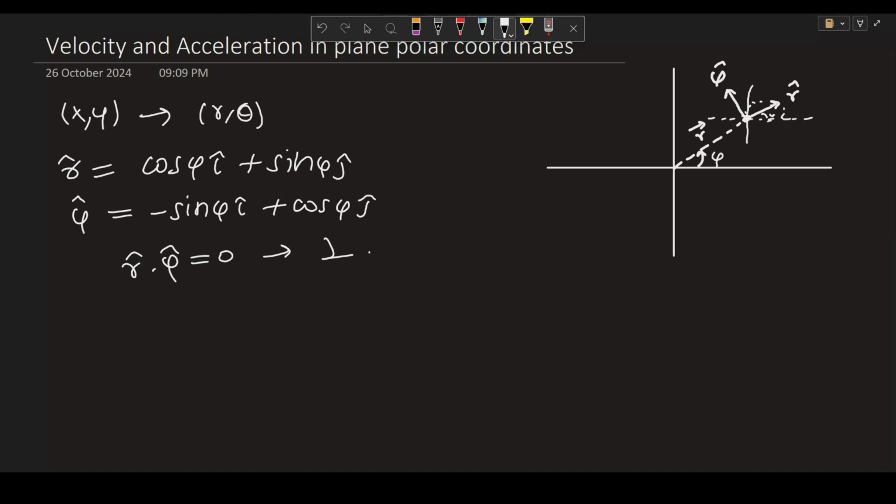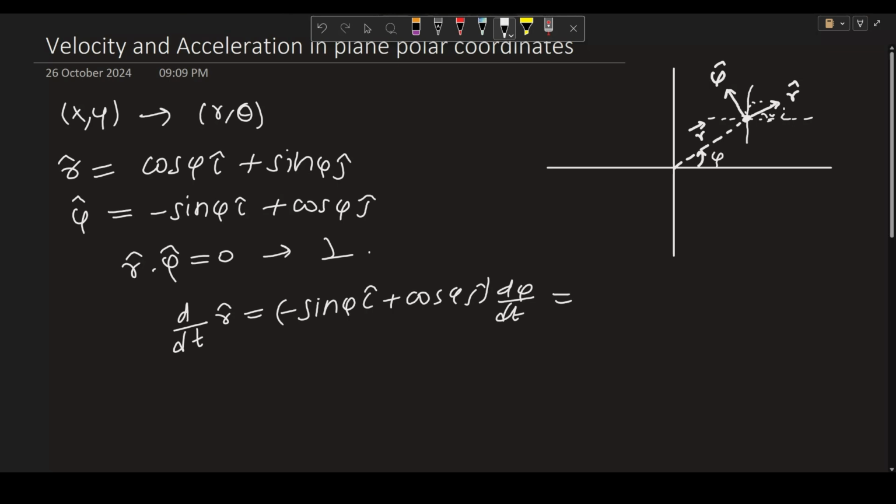Now we can also observe that if we find d by dt of r cap, which is nothing but minus sin phi i cap plus cos phi j cap times d phi by dt, it is equal to phi cap times d phi by dt.